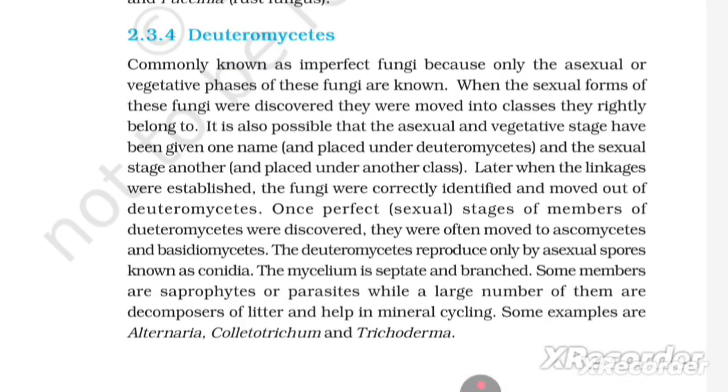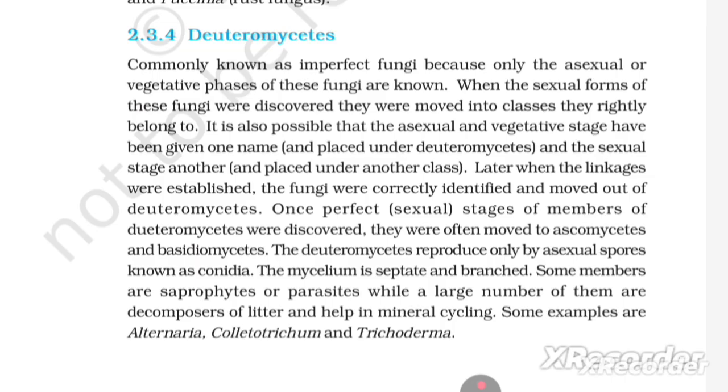Deuteromycetes, commonly known as imperfect fungi because only the asexual or vegetative phase of these fungi are known. When sexual form of these fungi were discovered, they were moved into classes they rightly belong to. It is also possible that the asexual and vegetative stages have been given one name and placed under Deuteromycetes and the sexual stage another and placed under another class.